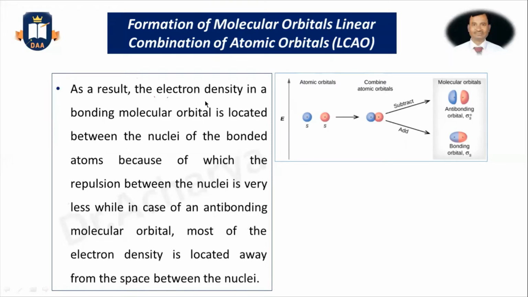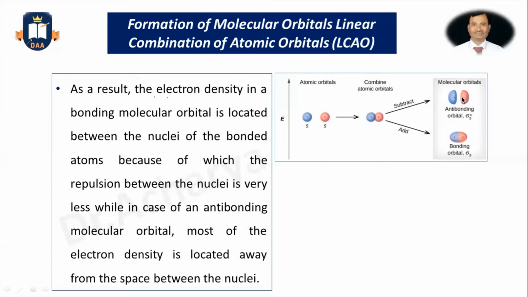The electron density in the bonding molecular orbital is located between the nuclei of the bonded atoms, and because of this, the repulsion between the nuclei is very low. In the case of antibonding molecular orbitals, most of the electron density is located away from the space between the nuclei.